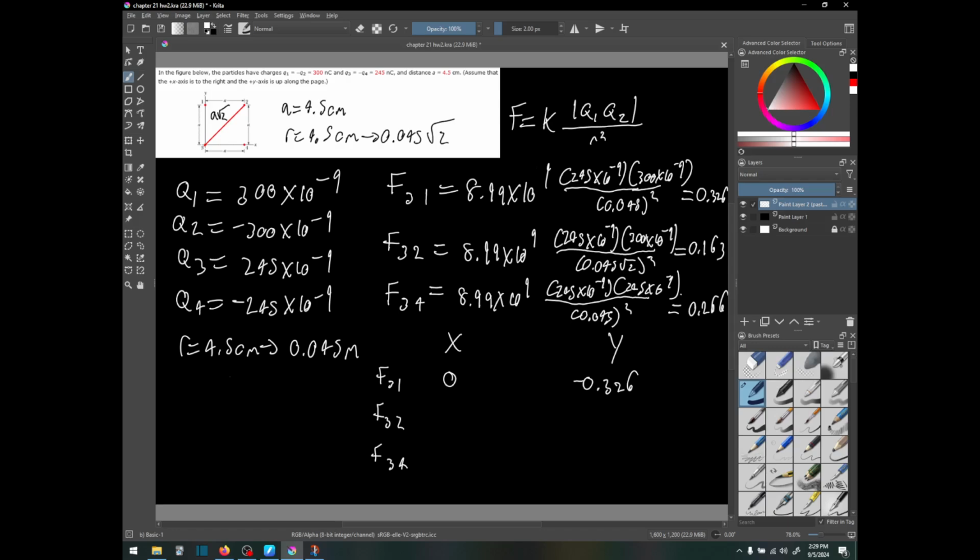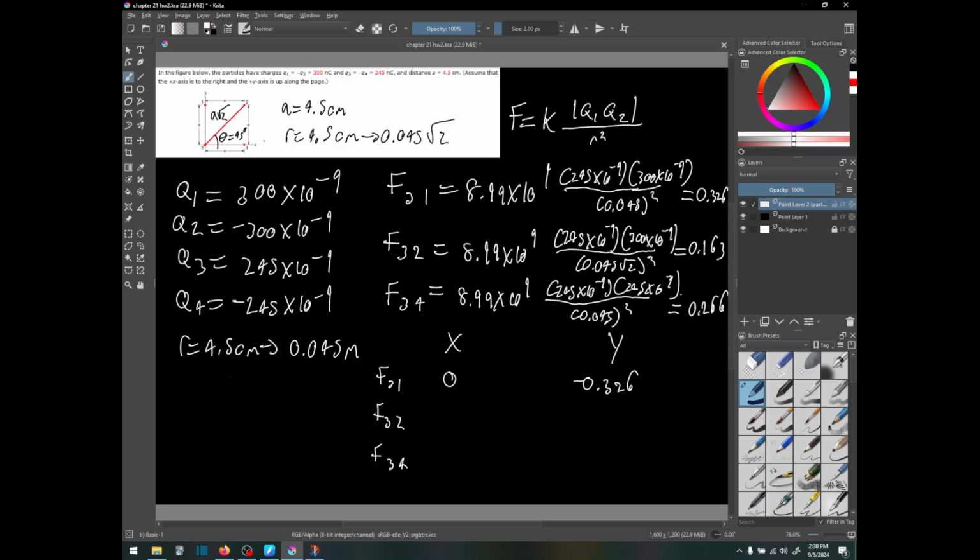And for 3, 2, this is acting along an axis that is not completely x or completely y. It is somewhere in between. We know that theta here has got to be 45 degrees because this is a perfect square.